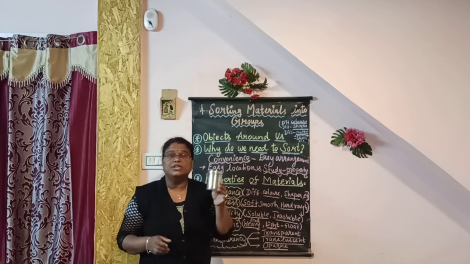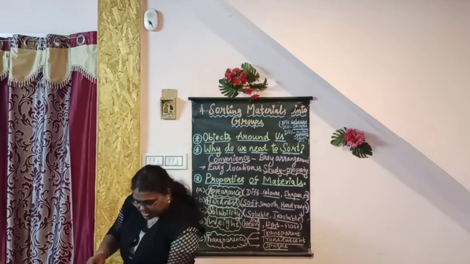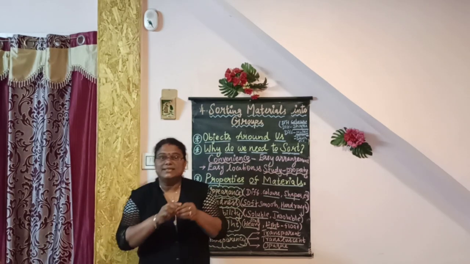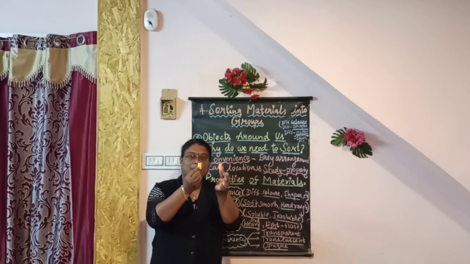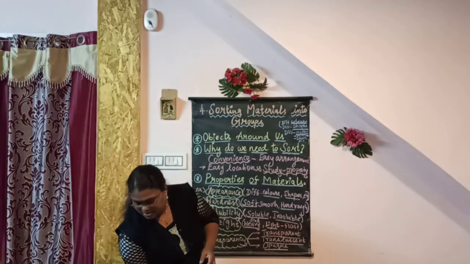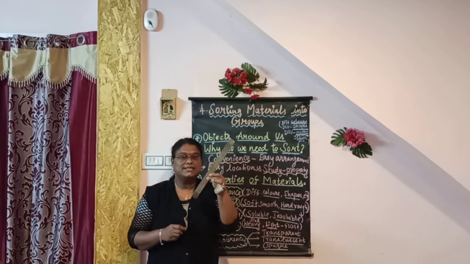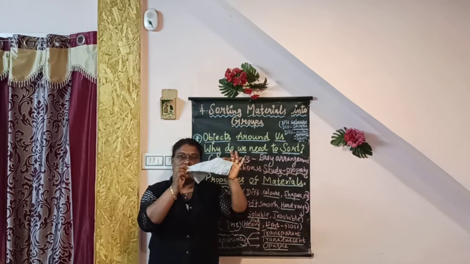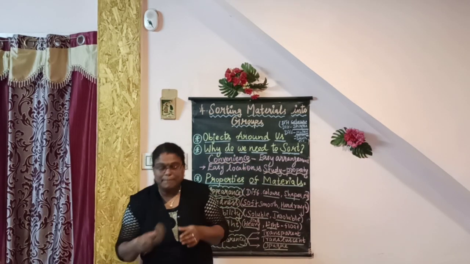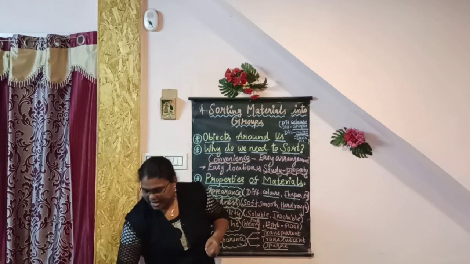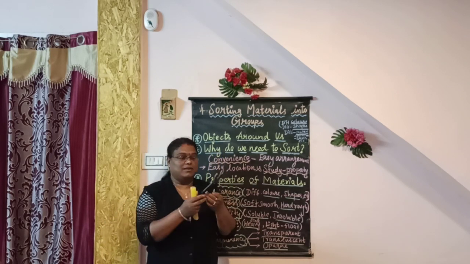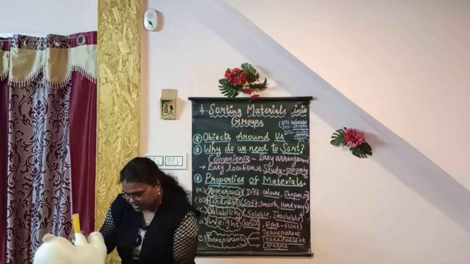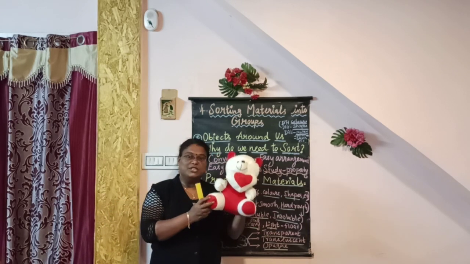This is a container which is made up of steel, and this is a candle stand which is made up of wood, and these are erasers which are made up of rubber, and this is a steel scale which is made up of again steel, and this is a kerchief which is made up of cotton, and this is a scrubber which is made up of mud, and this is a candle which is made up of wax, and this is a doll which is made up of wool.